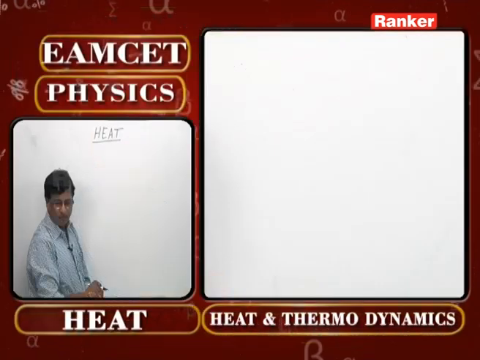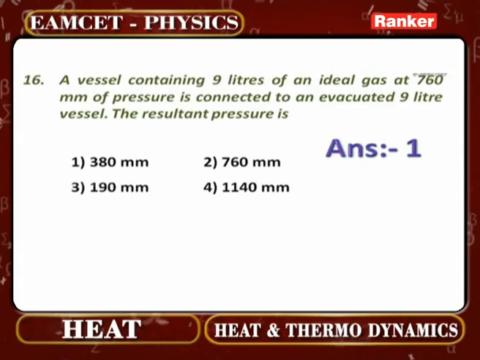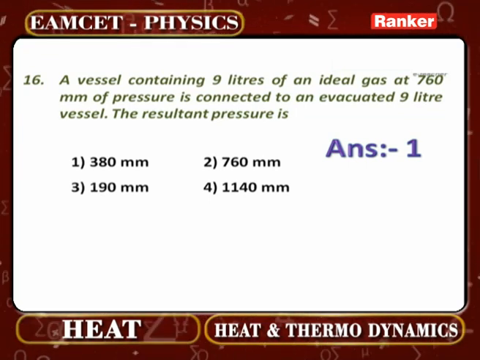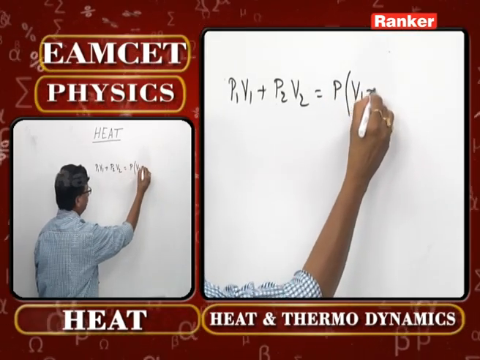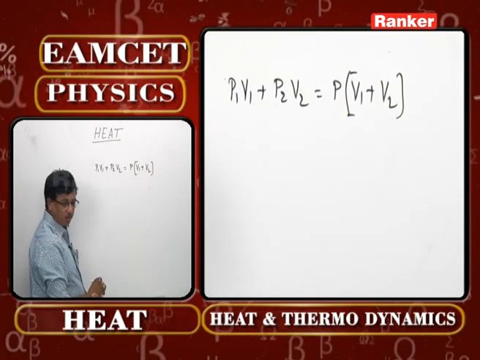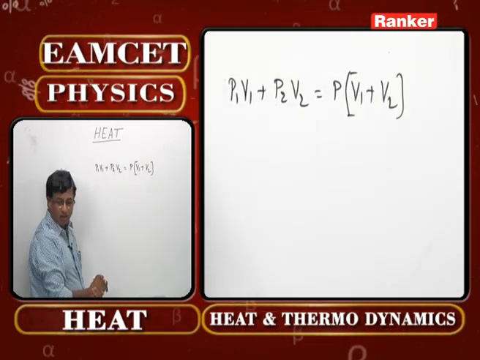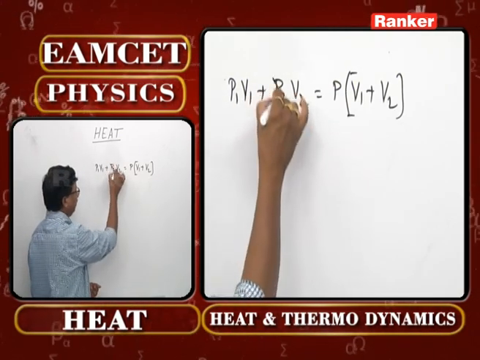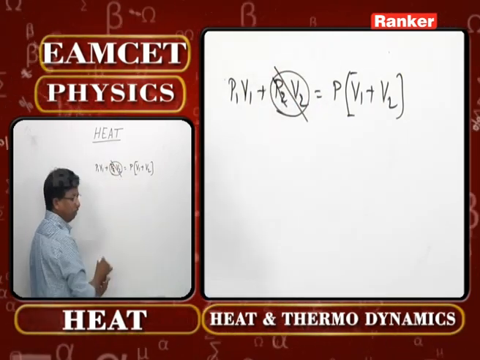A vessel containing 9 liters of an ideal gas at 760 millimeter of pressure. So P1 V1 plus P2 V2 is equal to P into V1 plus V2. When temperature remains constant, on application of Boyle's law, we get this equation. But be careful, the second vessel is evacuated. That means it has no pressure, so this term is automatically cancelled.